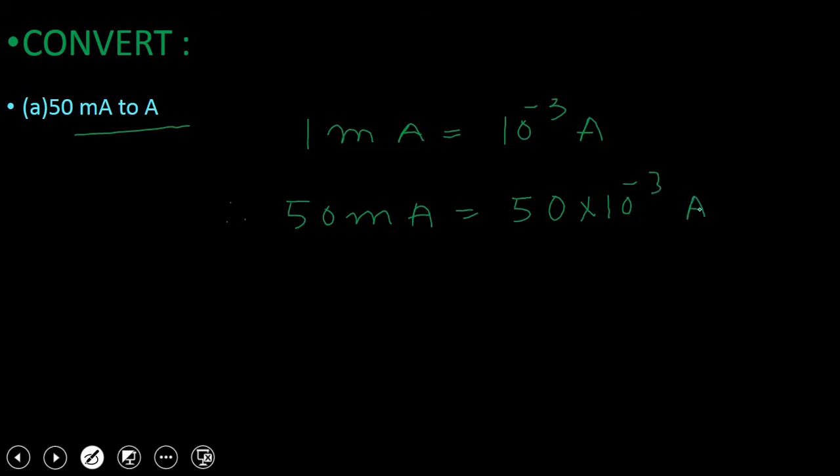So if we simplify it further, we will get 5.0 into 10 to the power minus 2 ampere. Or we can write as 0.05 ampere.